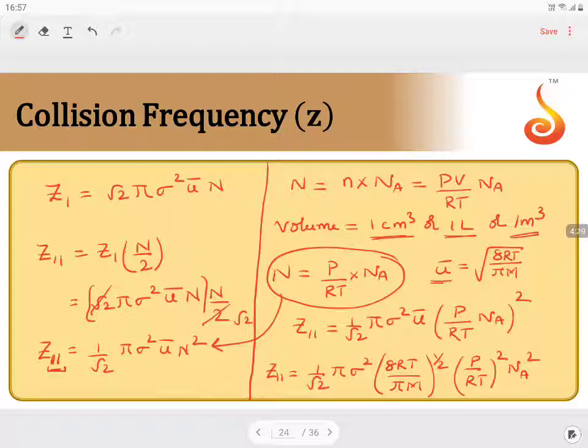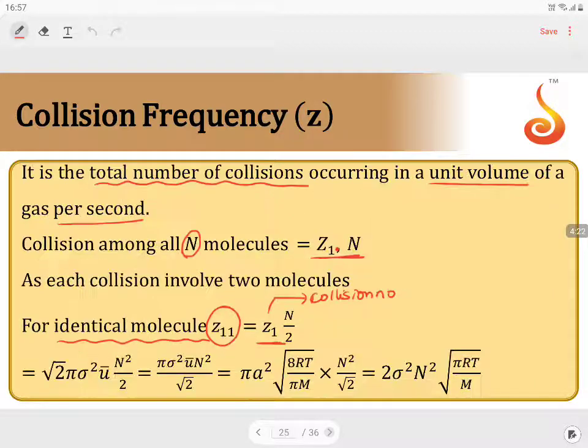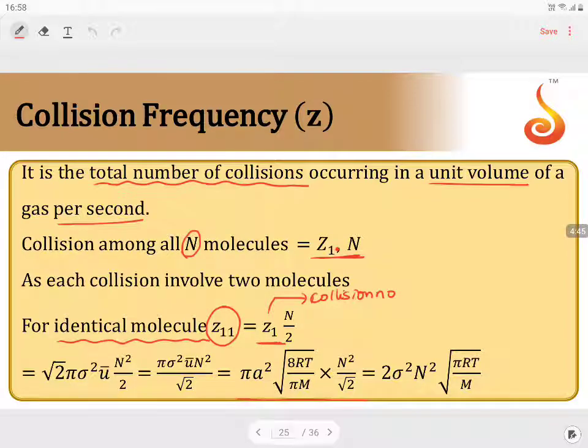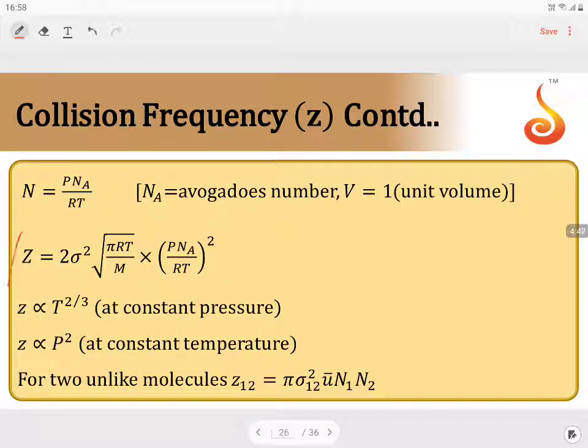This is the equation we get. Bringing root 8 out, root 8 is 2 root 2, so root 2 and root 2 get cancelled. This is left as 2 into sigma square into n square root 8 RT by m. This can be written as the final equation.